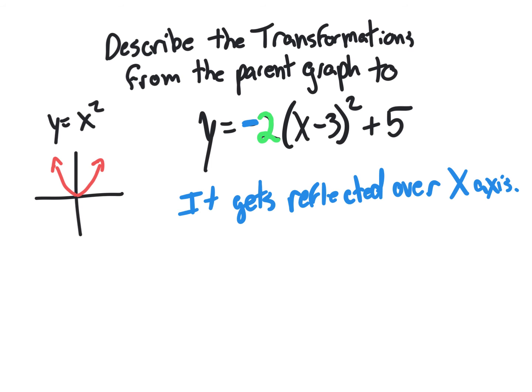Now, again, remember, the a value of 1 is your parent graph. The a value of 2 causes a vertical stretch. And we write that down as our second transformation, a vertical stretch of 2. Of course, as the a value gets bigger, it gets stretched further and further. It gets narrower. It gets stretched further away from the x-axis. It gets narrower, right?